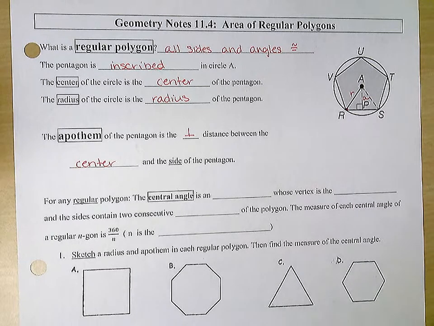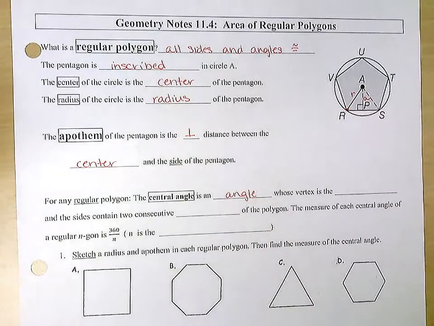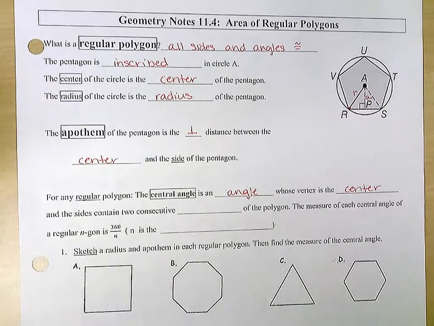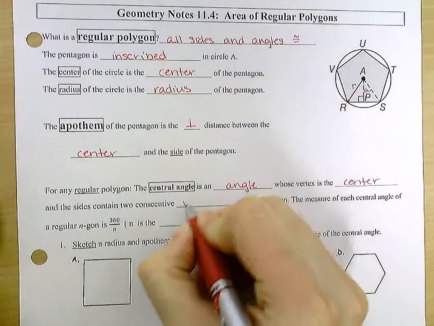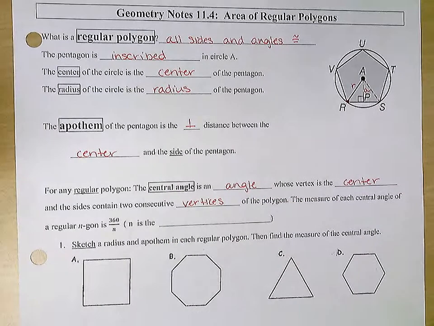So for any regular polygon, the central angle is an angle whose vertex is the center, and the sides contain two consecutive vertices of the polygon. So your central angle is going to be between two radii of your polygon.